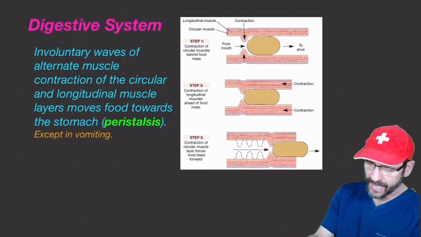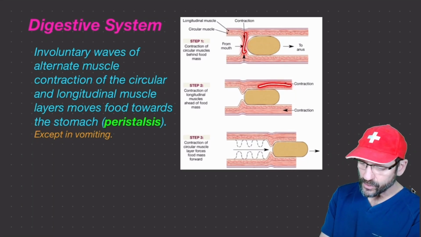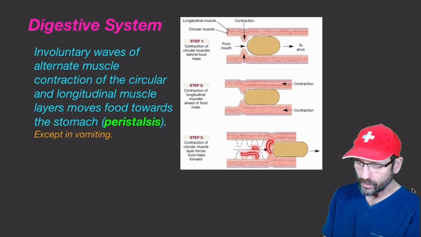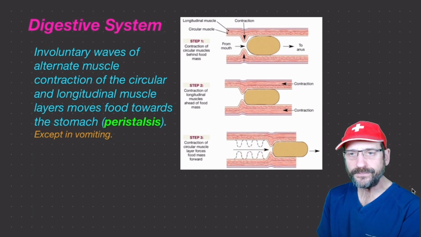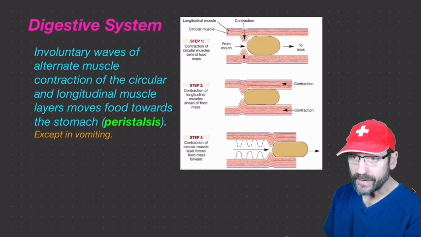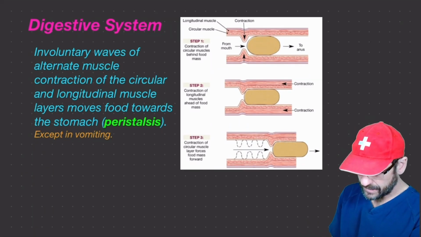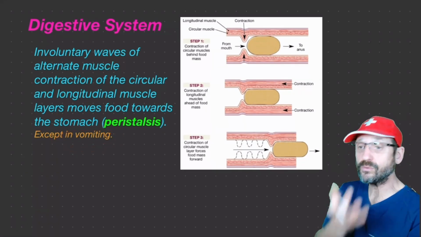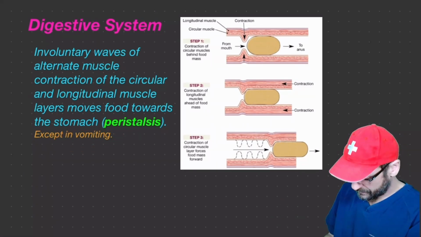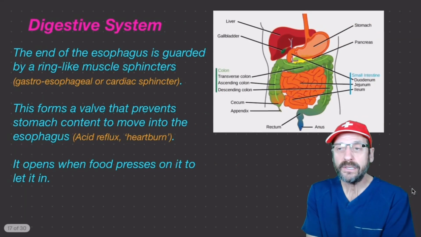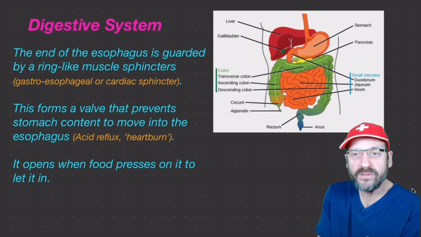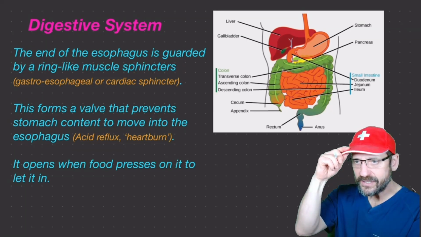And when they contract alternately, that moves the bolus in one direction. And we do that unidirectionally. The only exception is vomiting, and that goes in the reverse direction, of course, when we want to get rid of stuff.